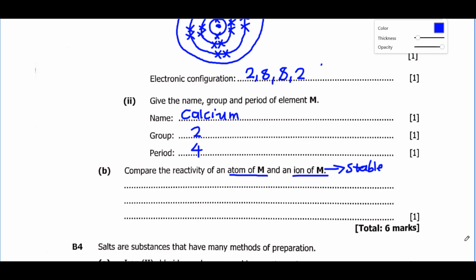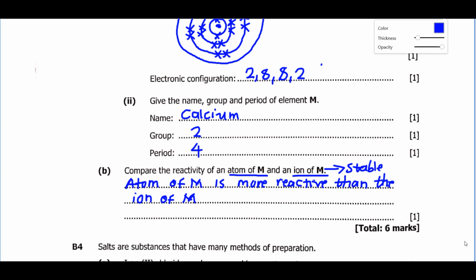So this atom of M is more reactive than the ion of M. So say an atom of M is more reactive than the ion of M. So that's our comparison.